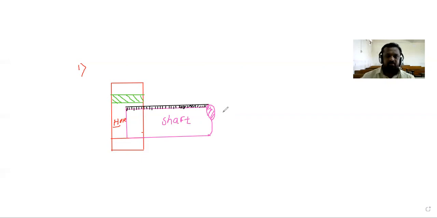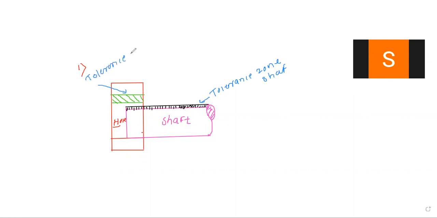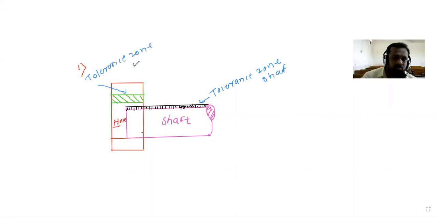For your understanding, I'm going to write here. See, this is the tolerance zone for the shaft. And this is the tolerance zone for the hole.